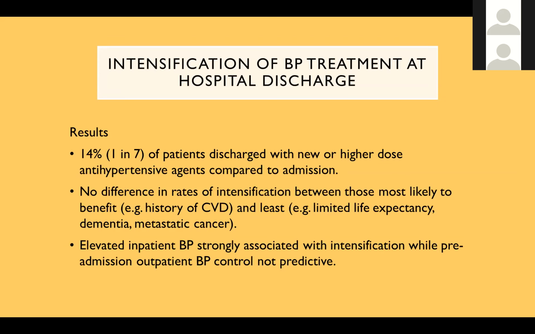So, for example, when they looked at subgroups who had a history of cardiovascular disease, who presumably might benefit more from intensive blood pressure control, the rates of intensification at time of discharge weren't any greater than the subgroup of patients who you might expect may not benefit from more intense control. So individuals who had limited life expectancy, or dementia, or metastatic cancer.